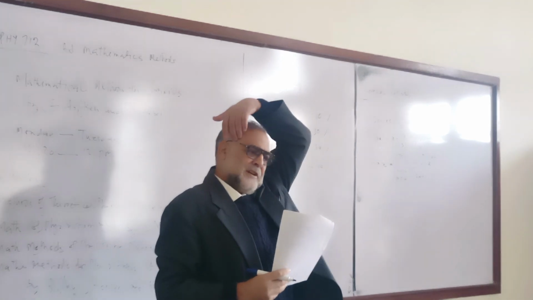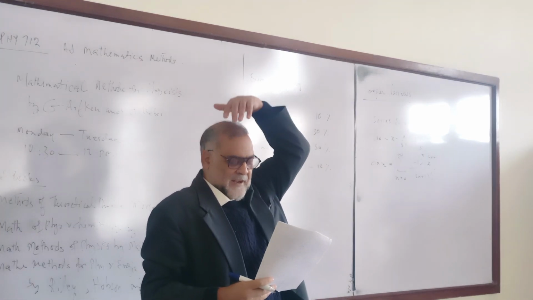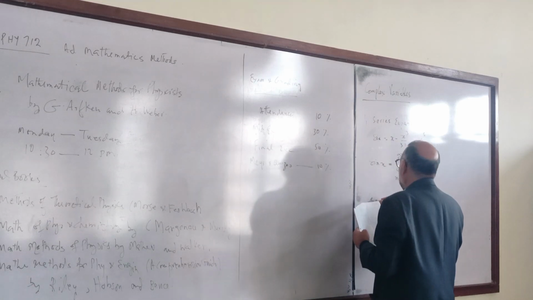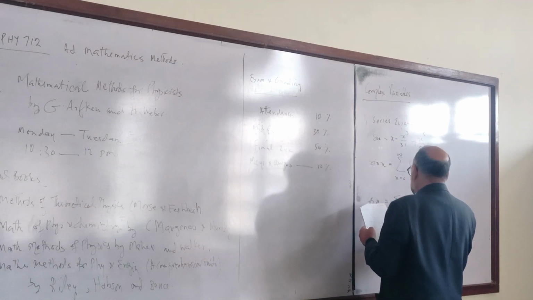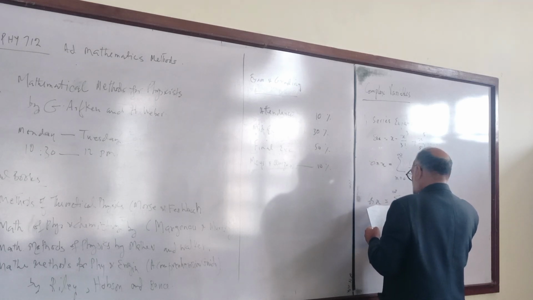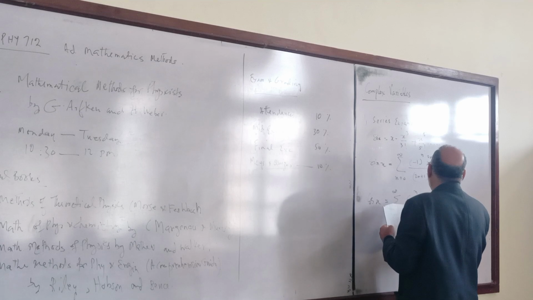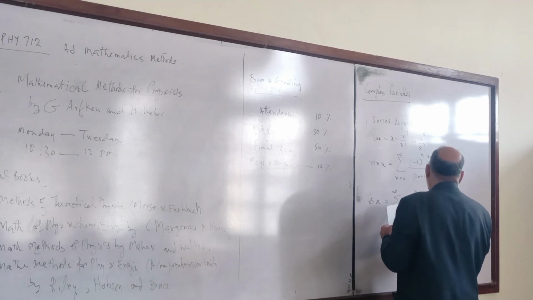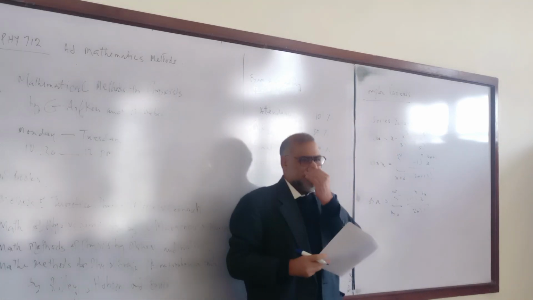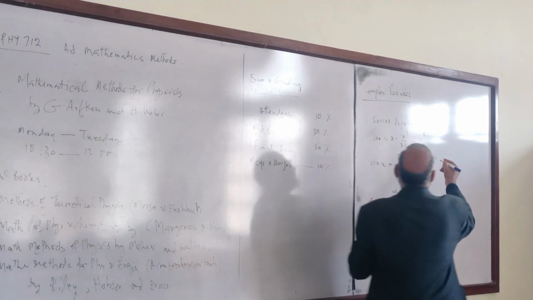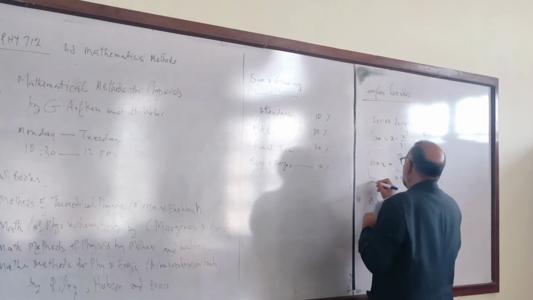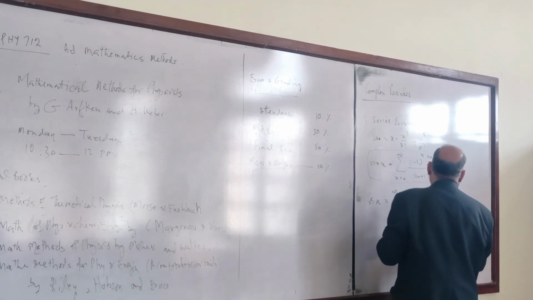This is how we define sine of x, right? Similarly, cosine of x is equal to the sum from 0 to infinity of minus 1 to the power n, x to the power 2n, over (2n) factorial. This is how we define the sine and cosine functions mathematically.